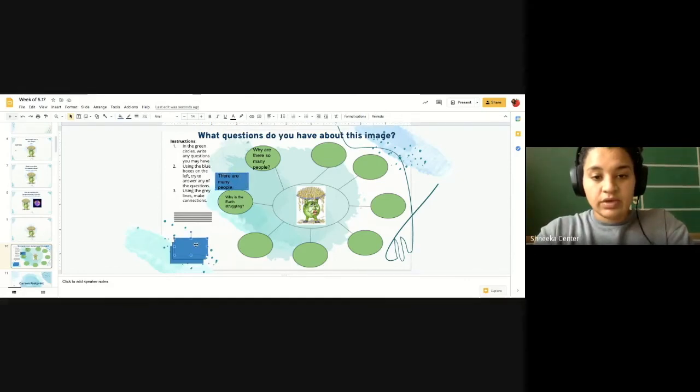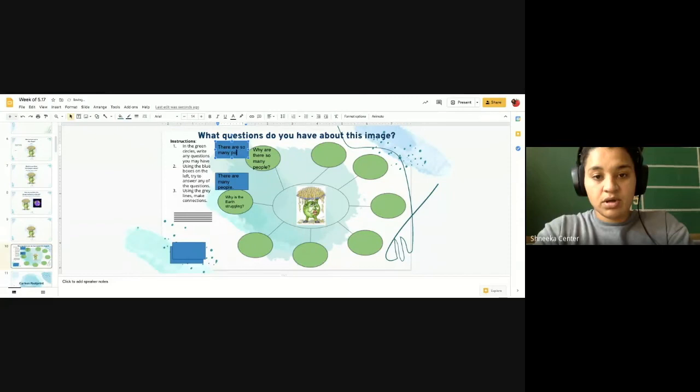And then you can take another one, another circle, why there's so many people. You could say, there are so many people because of human overpopulation.